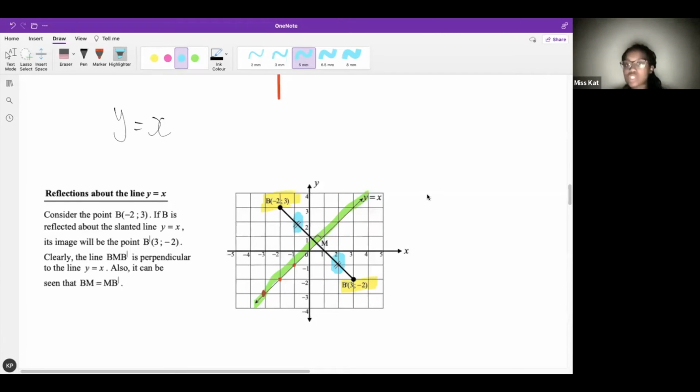Remember, we said your reflection is the same distance away from the mirror as the actual picture. Do we remember that, guys? We said if you are standing 2 units away from the mirror, then your reflection will be 2 units away from the mirror, but in the opposite direction. So the distance from here to the line y equals x will be the same distance as from there to B prime.